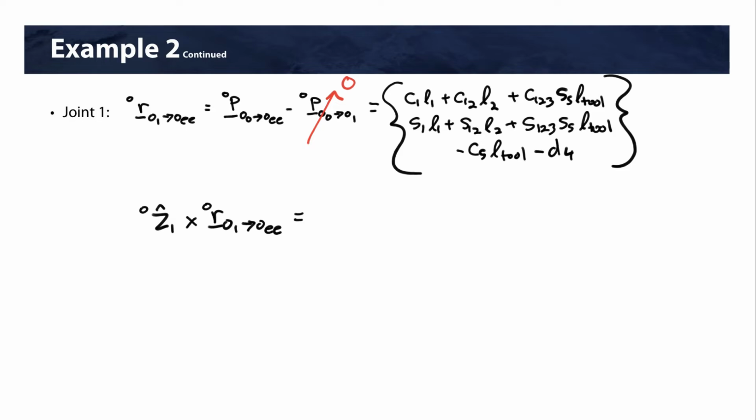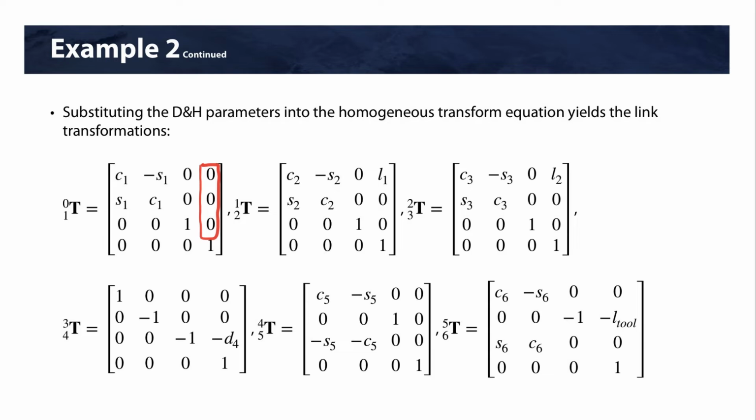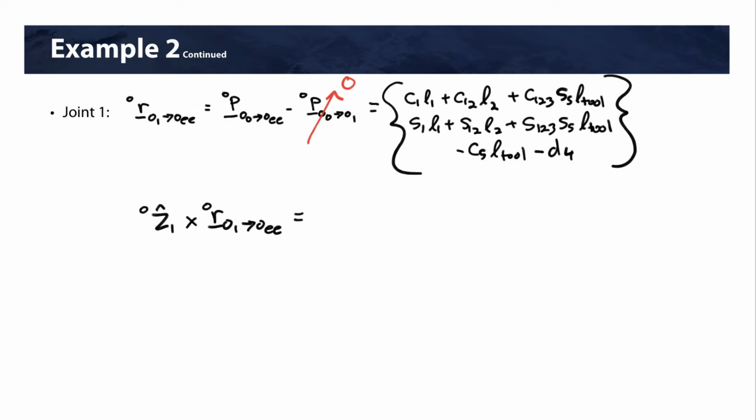Okay, Z1 in this case, we're going to get from T01. So let's go to T01. There's Z1. So it's going to be 0, 0, 1, cross our R vector. I'm not going to write that all out.